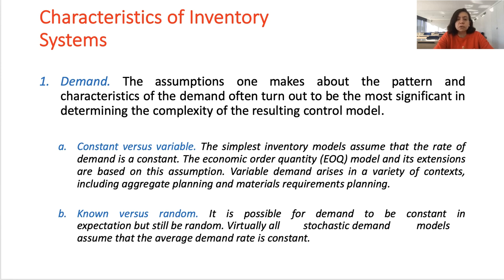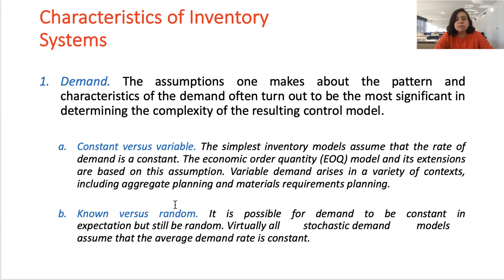Now I will start talking about the characteristics of inventory systems. The characteristics of demand are maybe the most significant factor determining the complexity of the resulting control model. Demand can be constant or variable.